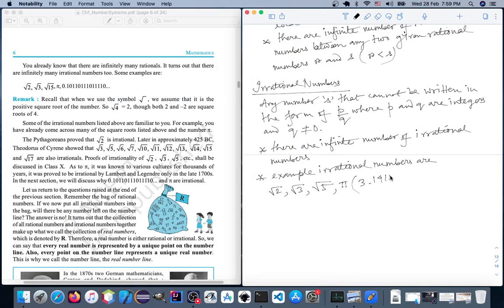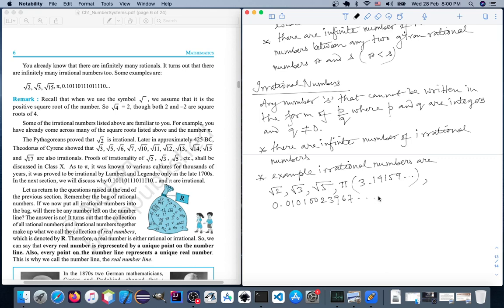It's a long number, and this kind of number has an infinite number of digits after the decimal point with no pattern, random digits like this.